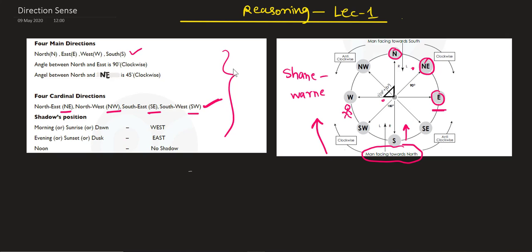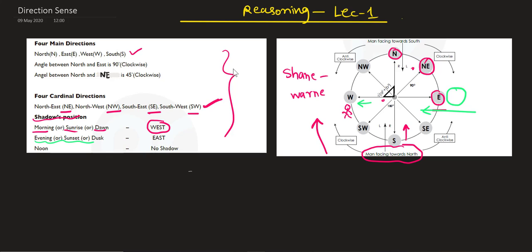So these are the main concepts, and let's talk about the shadow's position. In the morning, which we also call sunrise or dawn, the sun comes up in the east, so the shadow's position will be in the west. So the shadows will be in the west direction.